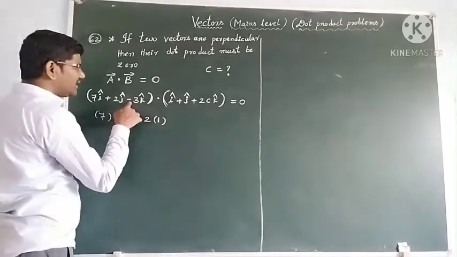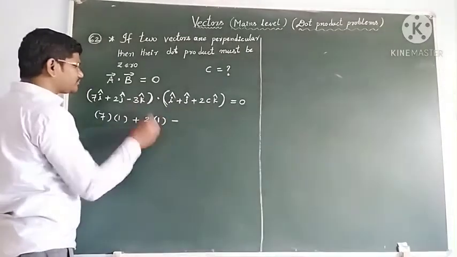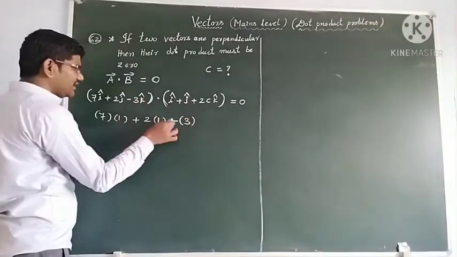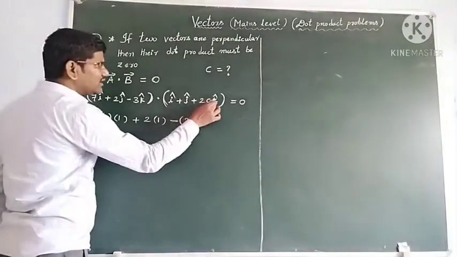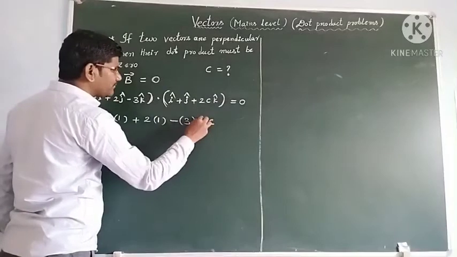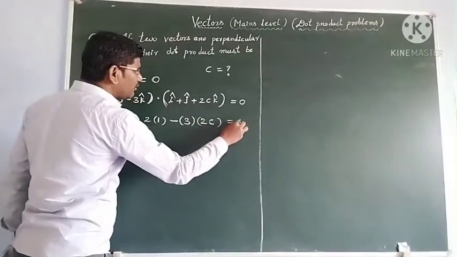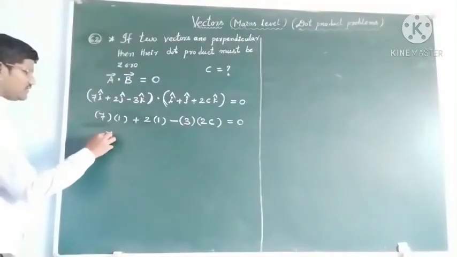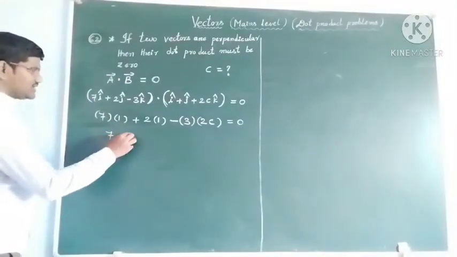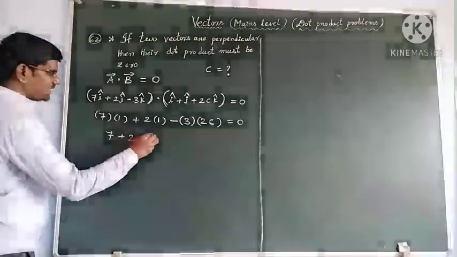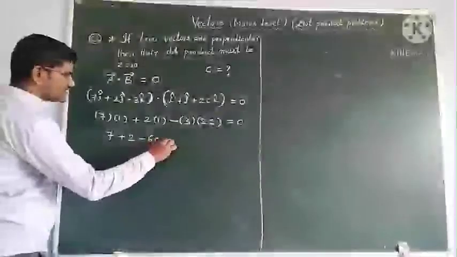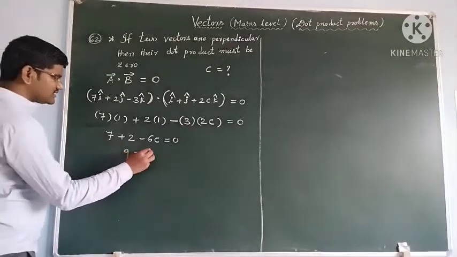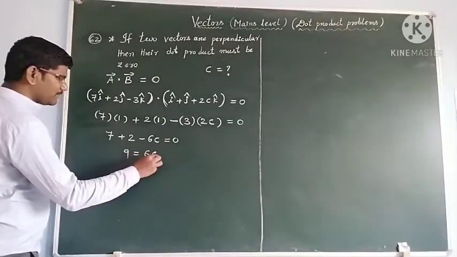And you have minus here and plus here, so k cap coefficient is minus 3, and here k cap coefficient is 2c. This must be equal to 0. So 7 plus 2 minus 6c is equal to 0. 7 plus 2 is 9, so 9 is equal to 6c.